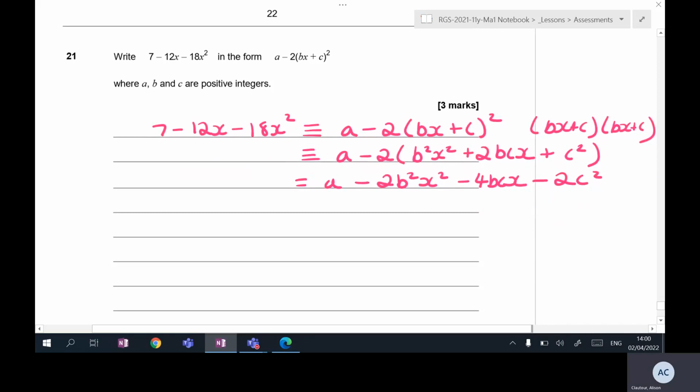Then I'm just going to put it in the same order as the question. They've got the constant, the x term, and the x squared term. So my constant, I've got a minus 2c squared. My x term, I've got minus 4bcx. And my x squared term, I've got 2b squared x squared.